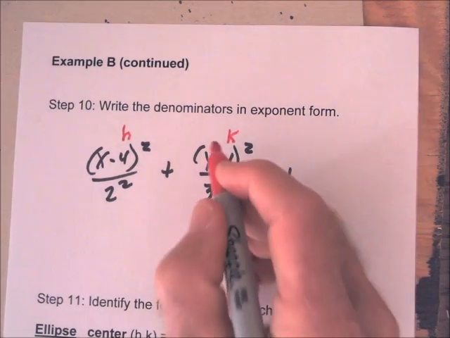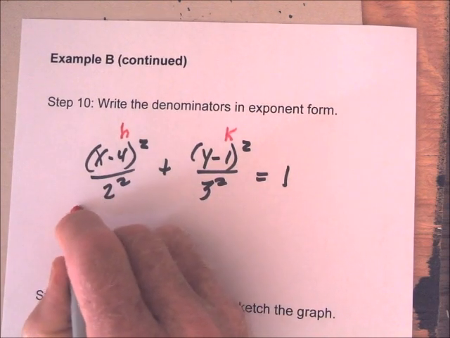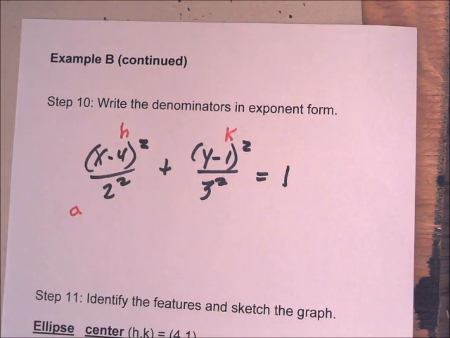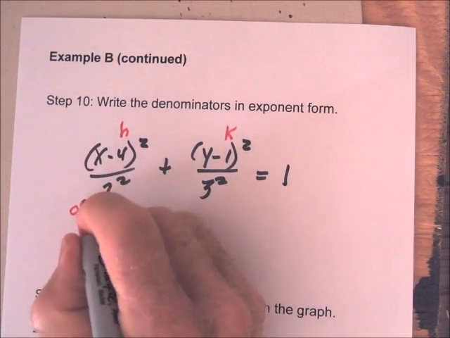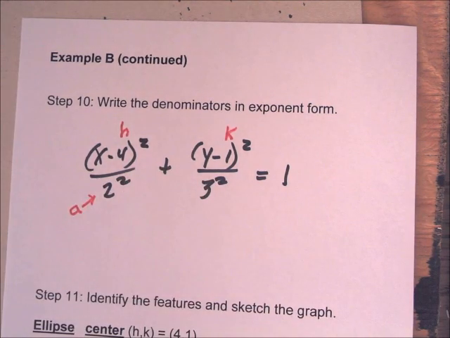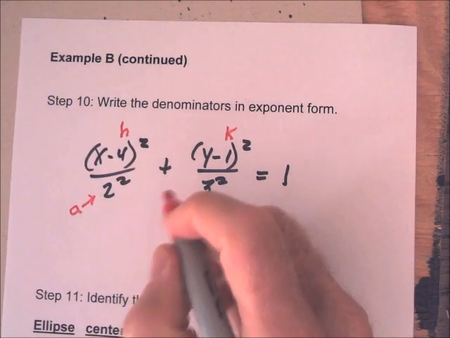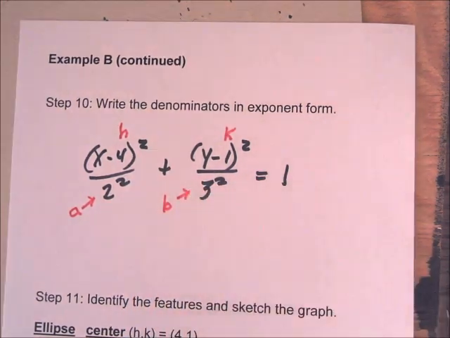I like to put a with x. In the text, sometimes they put a to be whichever number is bigger, but I like to always put a with x so the formula stays the same each time, and b with y. So now it's in the standard form for an ellipse.